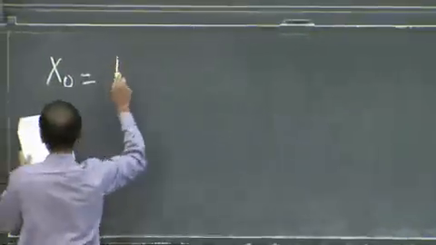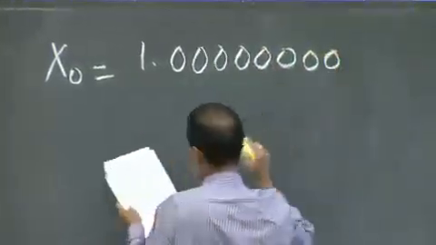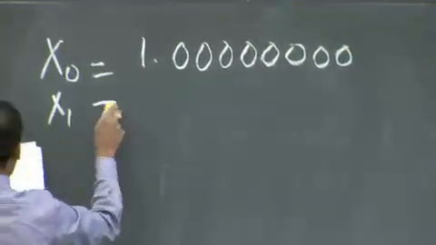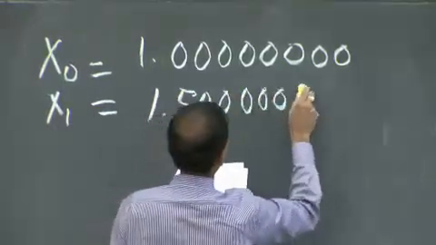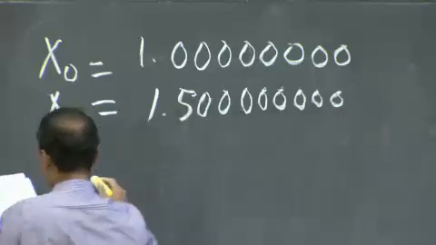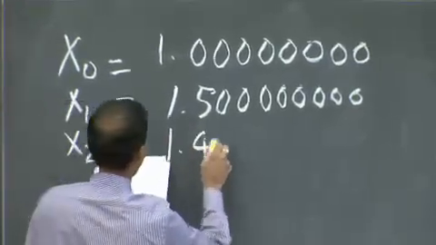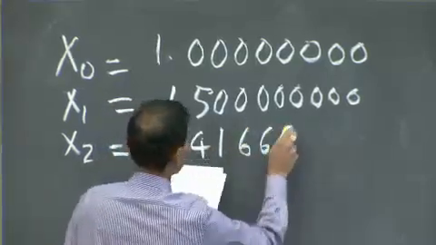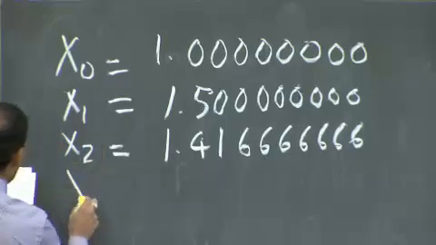You start with x0 equals 1 with a bunch of zeros. X1 equals 1.5 with a bunch of zeros, etc. And then x2 equals 1.41, 6, 6, 6, etc. That goes on.